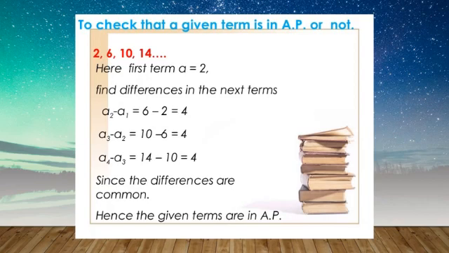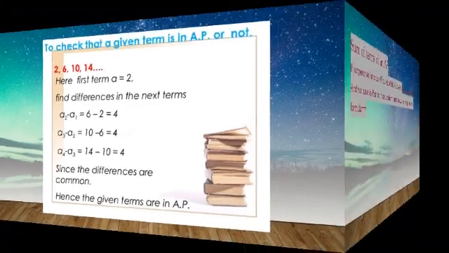Subtracting the second term from the third term, we have 10 minus 6 equals 4. Subtracting the third term from the fourth term, we have 14 minus 10 equals 4. Now you can see in each case the common difference remains the same, that is d equals 4. Whenever the common difference is the same, we can say that the terms are in AP. I hope this is very clear.